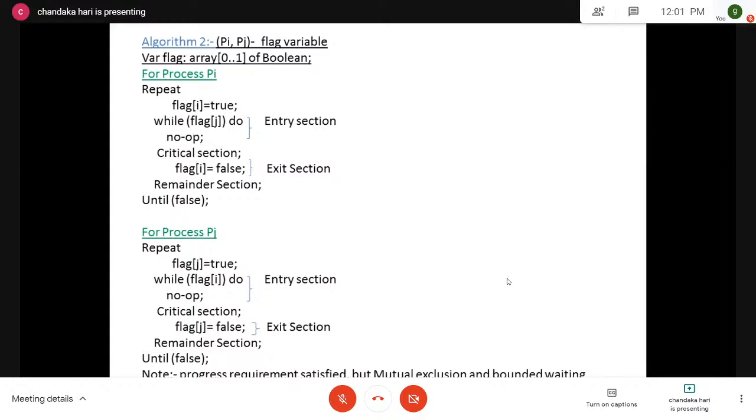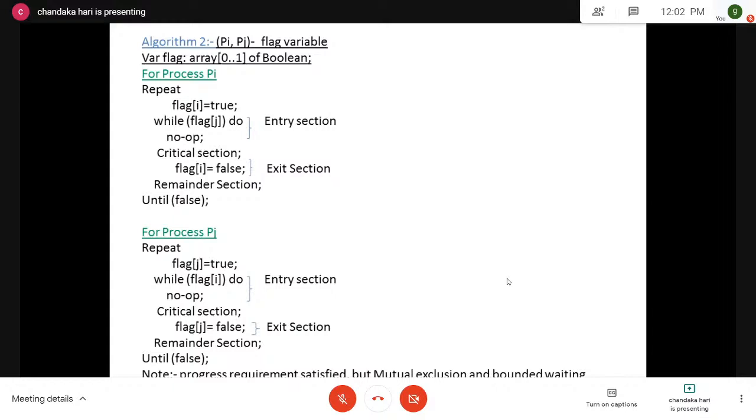Before a process Pi enters the critical section, first of all, it has to make its flag true. And after that, immediately you need to check whether process Pj is already in its critical section. In case it is, you need to wait until flag J becomes false.